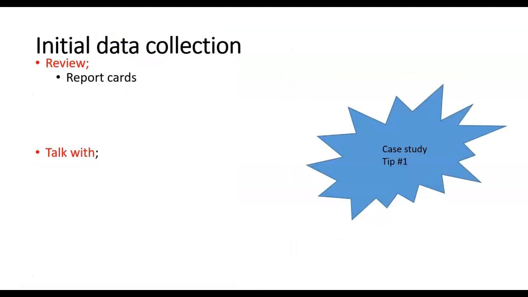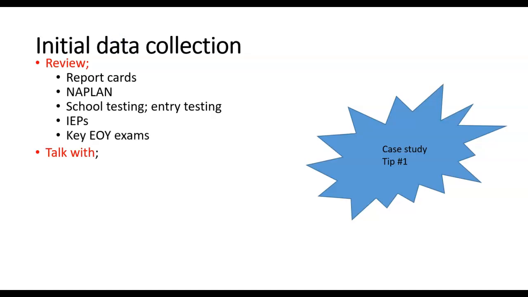So as part of your initial data collection, remember the teaching cycle we looked at briefly on the way through, how are you going to do that? And this becomes part of your case study in assessment one, tip number one, but also your GTPA. There's report cards, there's NAP plans, there's pre-existing information, there's school testing, there's individual education plans, end of year exams or end of term or last end of unit.